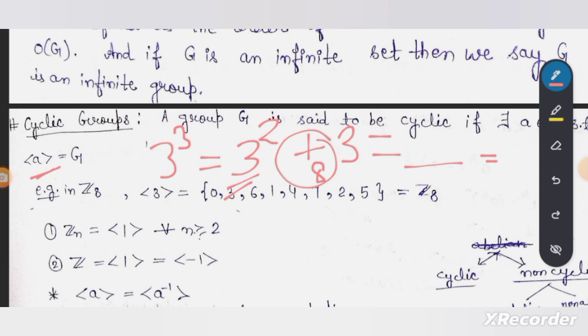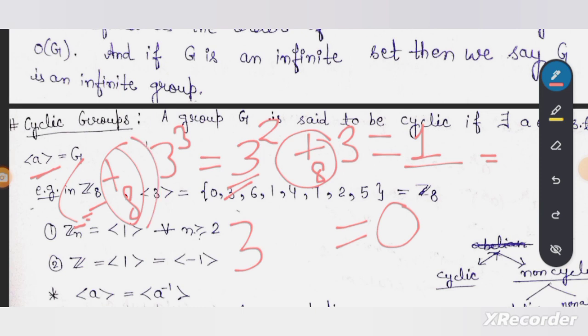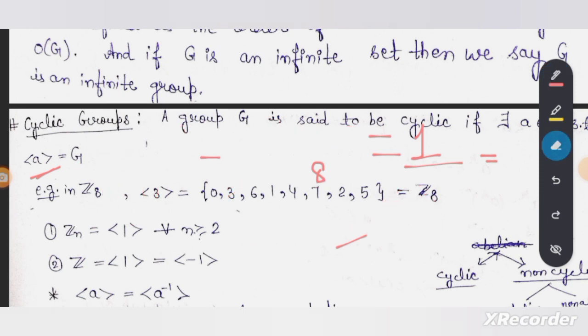When we divide 9 by 8, the remainder is 1. So 3 cubed is 1. We'll do this process until we get the identity, because we are in Z8 under addition modulo 8. What will be the identity element of this group? 0 will be the identity. So we'll do this process until we get the identity.